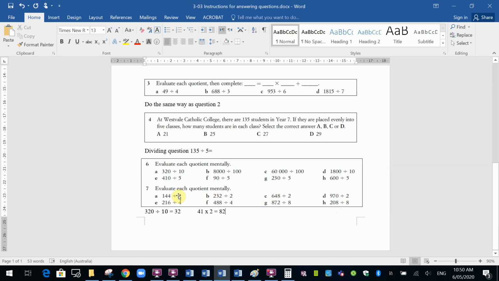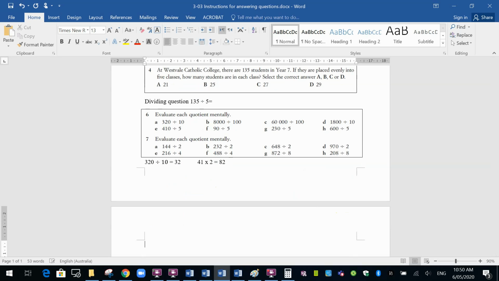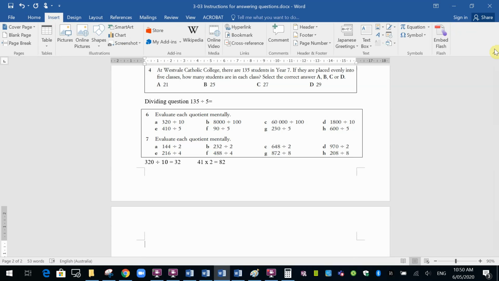Okay, dividing by 2, we can do the same way as these ones up here. These ones dividing by 4, you have to divide by 2. So I'll just write this down here. Dividing by 2. Dividing by 4, we do this.